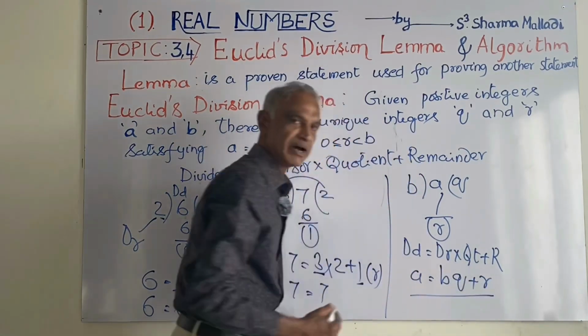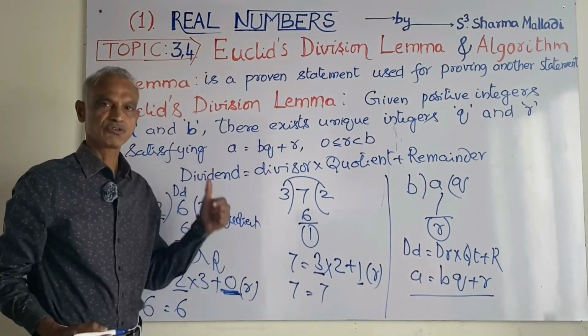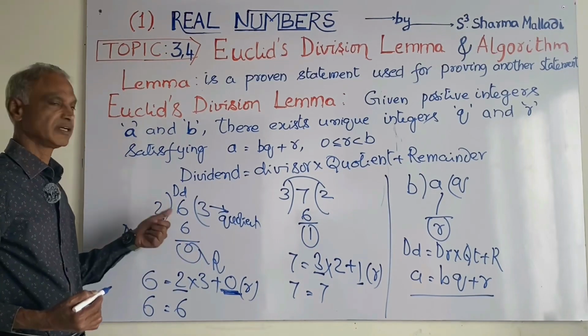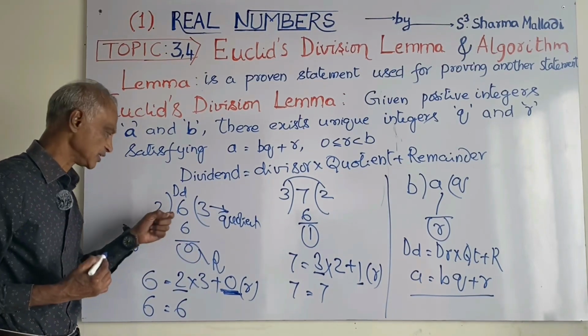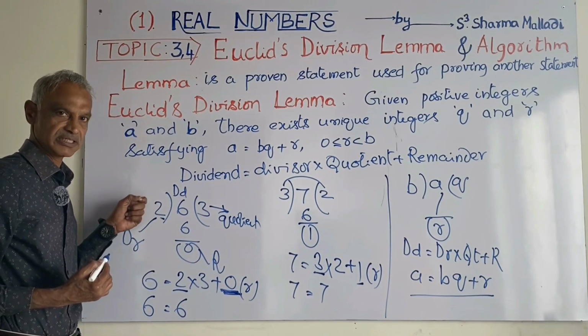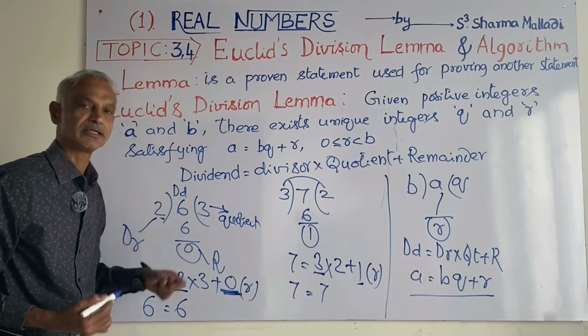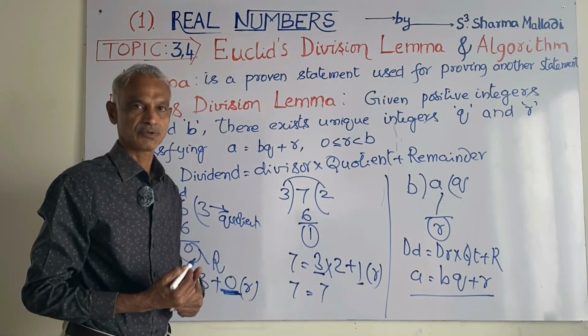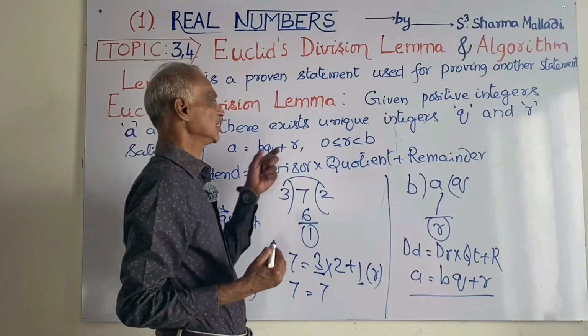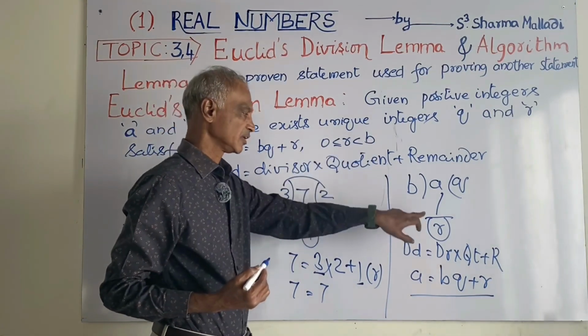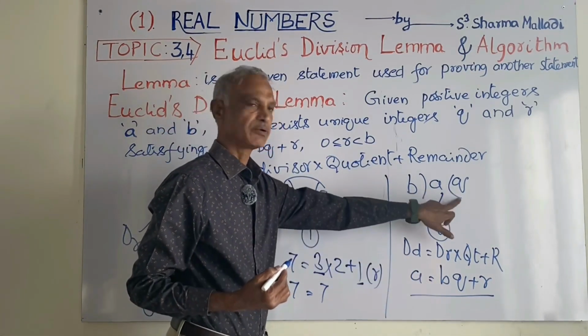But he is saying that if you divide a dividend, any positive integer, with another positive integer, you are getting the remainder greater than or equal to 0 and less than its divisor. You see, you are getting a quotient.